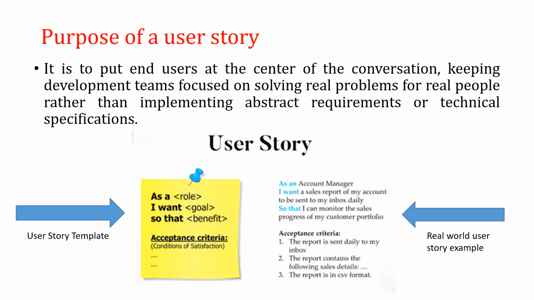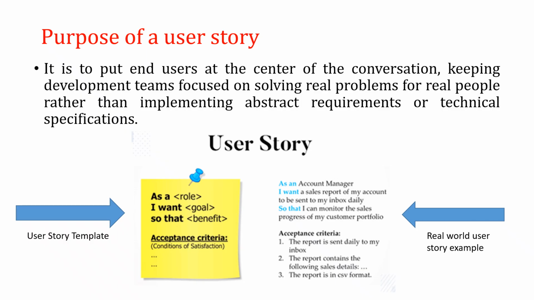Here the customer represents the type of user. Searching for a product represents what the user wants. Finding the required product quickly represents the benefit or value, and it has some acceptance criteria to meet the requirements. The main conversation is focused on the user's needs and the value delivered by the feature.